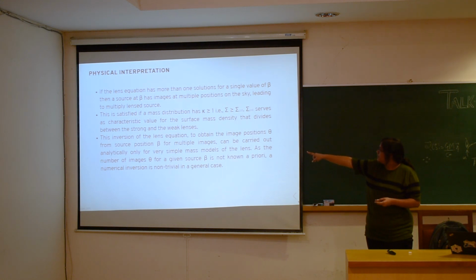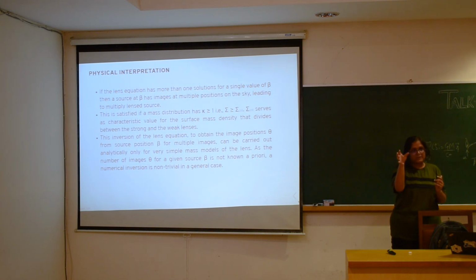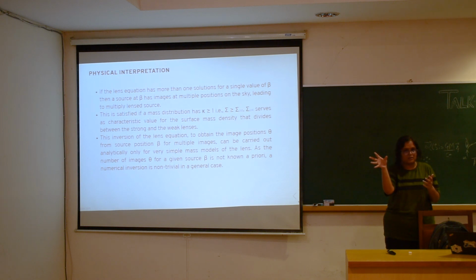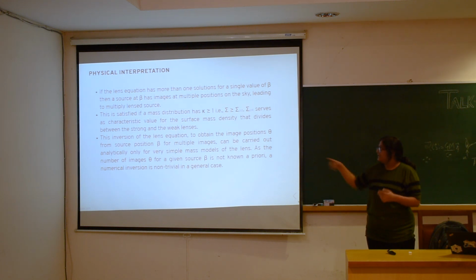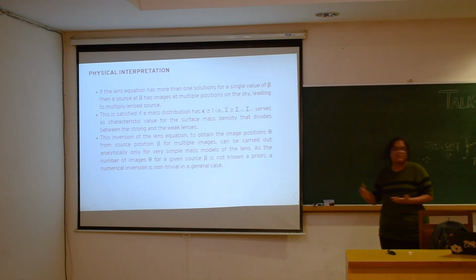And then the third thing is the inversion of the lens equation to obtain image positions theta from source positions beta. You are feeding in beta and finding theta. You are feeding in the source position and finding the image positions. This can be carried out analytically only for very simple mass models. As the number of images theta per given source beta is not known a priori, the numerical inversion is non-trivial.